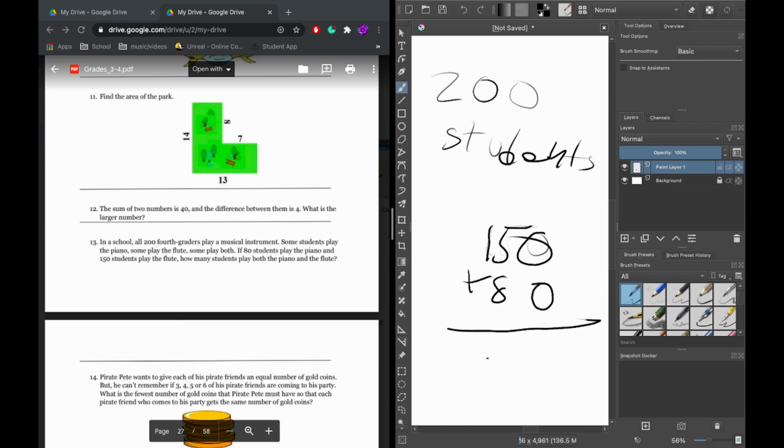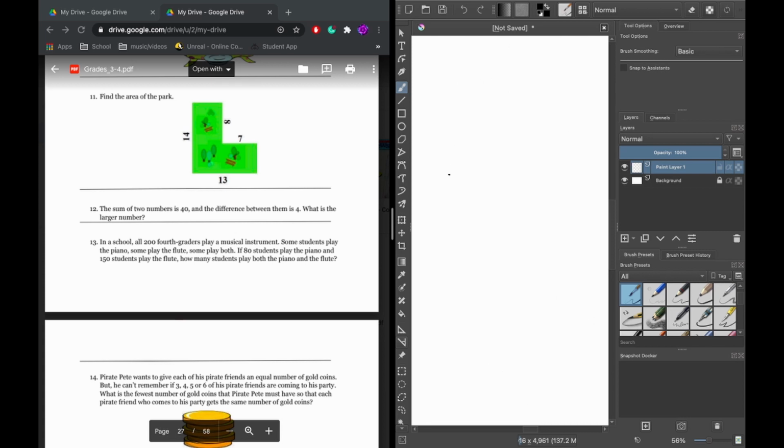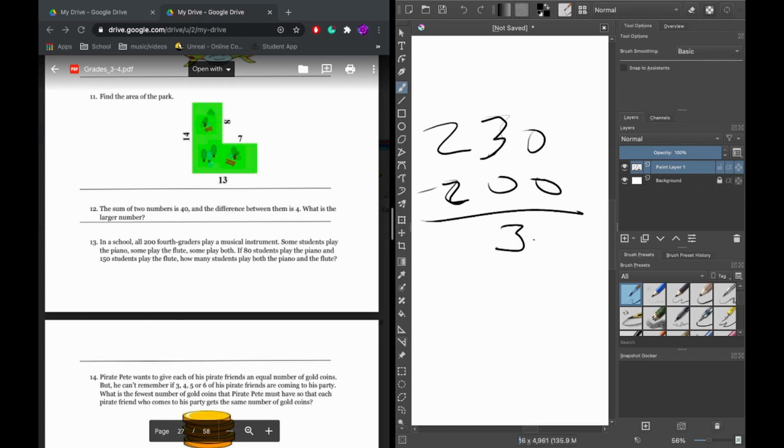And then when we add these, we get 230. And then in order to figure out the whole problem, we would do 230 minus 200. And the answer is 30.